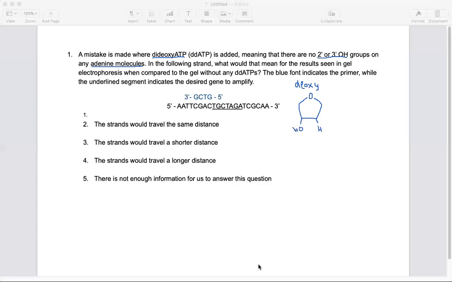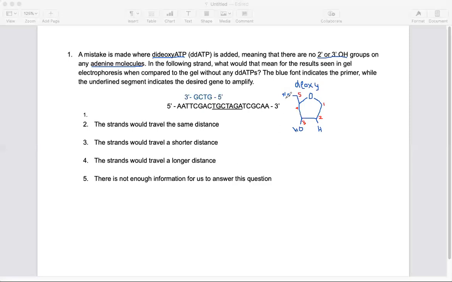Let me number the carbons just so we're on the right track: 1, 2, 3, 4. Then our 5th one is over here, our little CH2OH group, and that's our 5th carbon. So this is deoxyribose.